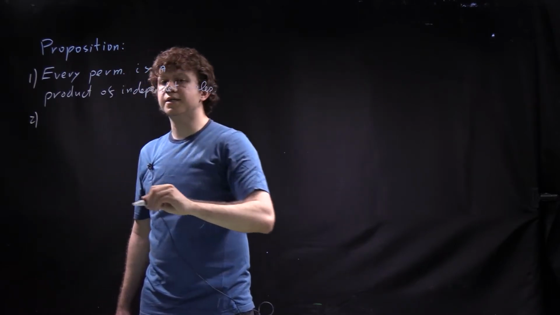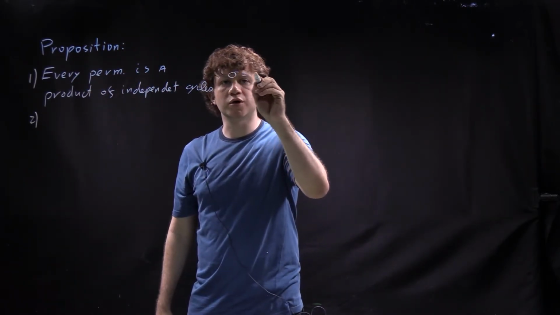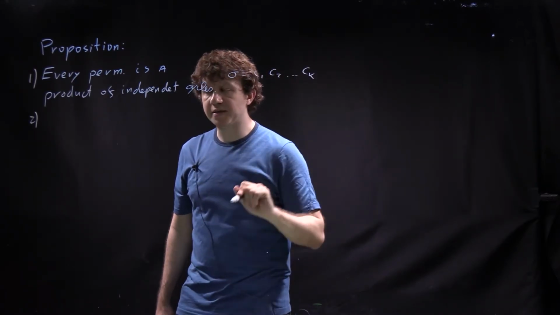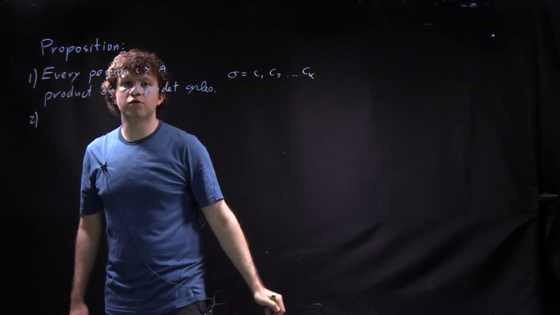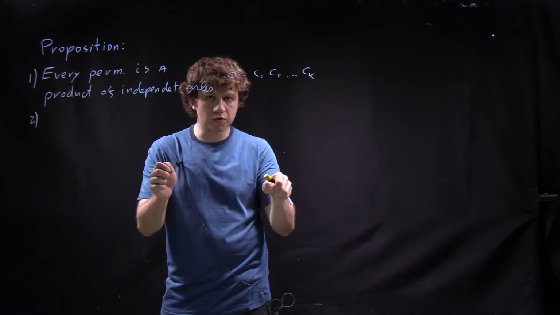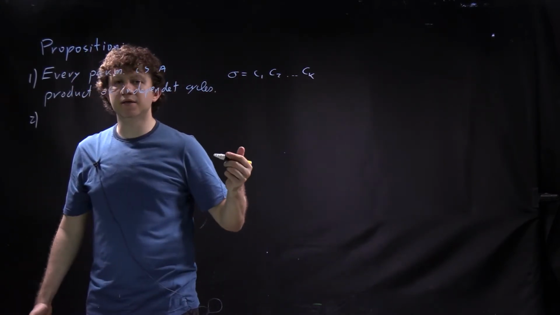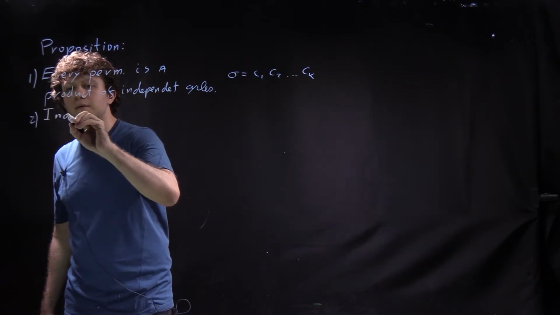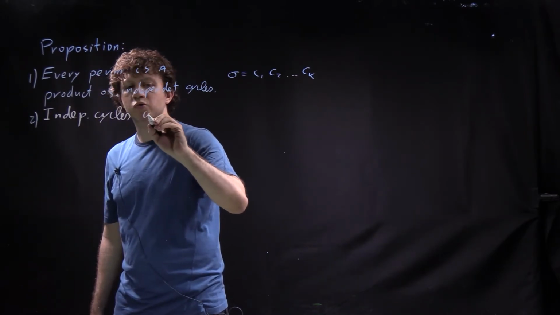And the second is that, if I present my permutation sigma as a product of cycles, which are pairwise independent, a priori I can ask in which order? As you remember, when I multiply permutations, the order does matter. But actually, if you have independent cycles, the order does not matter. So independent cycles commute with each other.